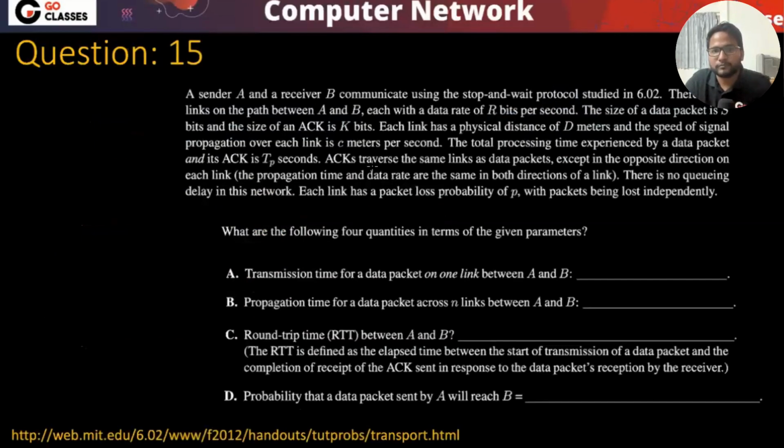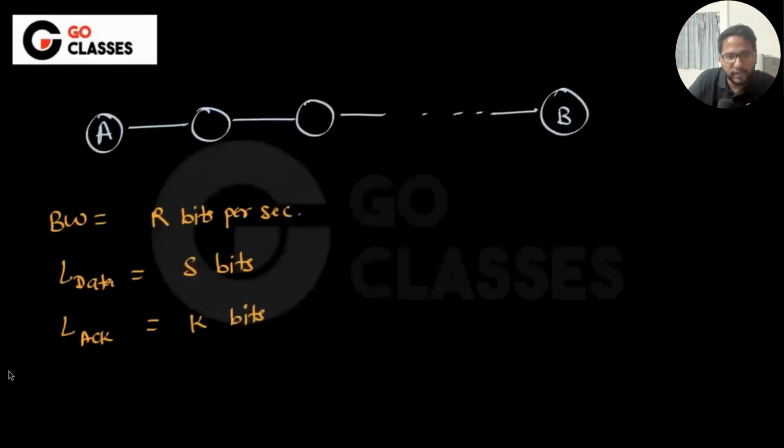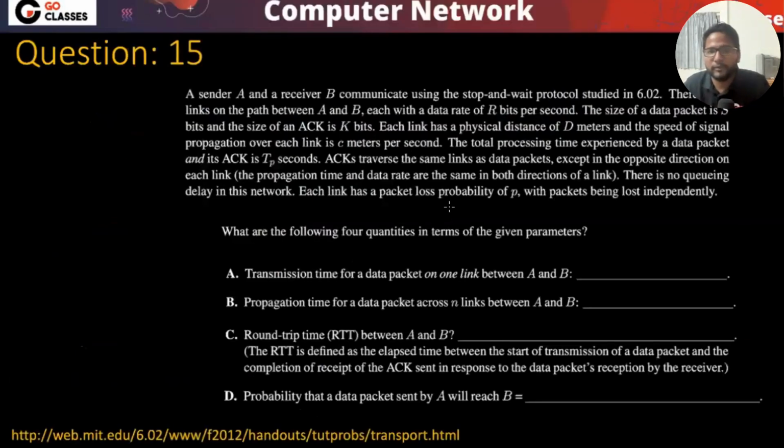Each link has a physical distance of D meters and the speed of signal propagation over each link is c meters per second. So they have given some information for each link. Distance is capital D meters, and the velocity is small c meters per second.